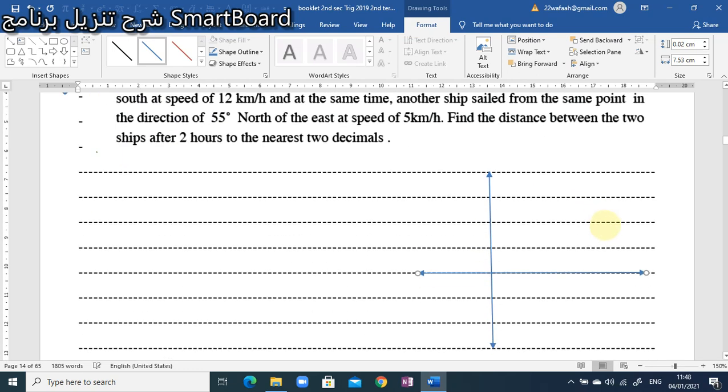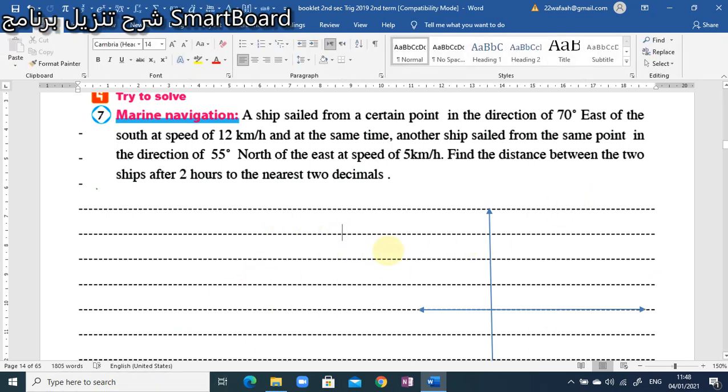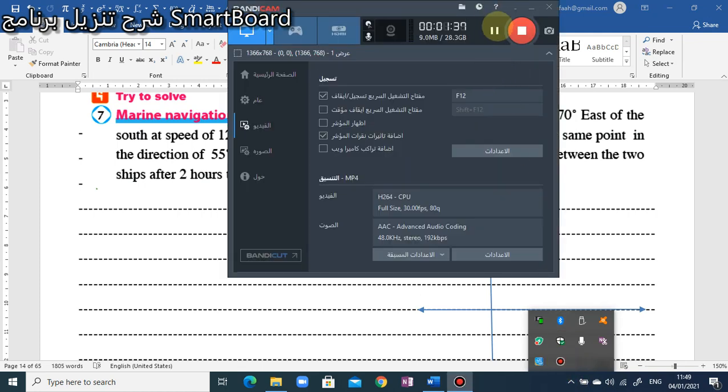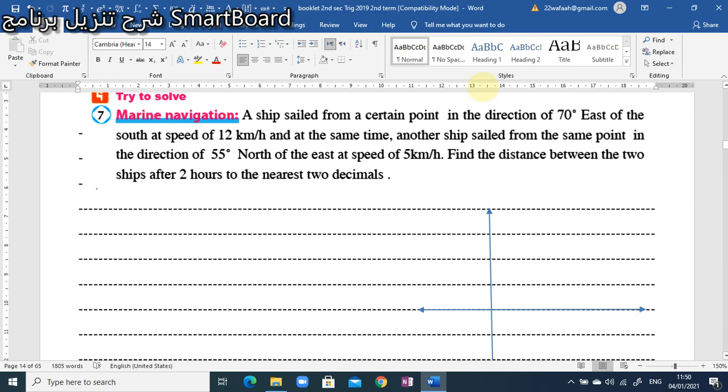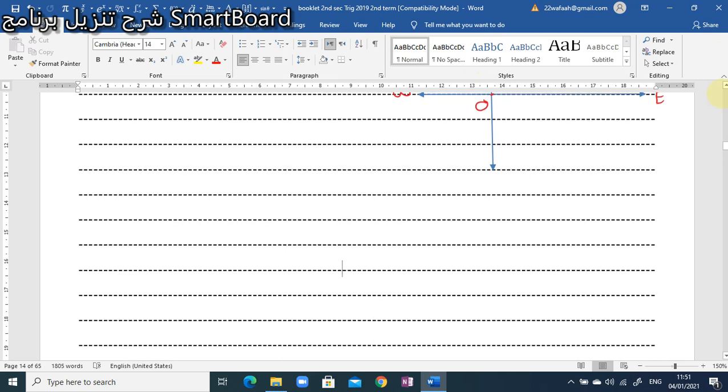And this is the certain point, say point O. This is the east and north, and down is south.